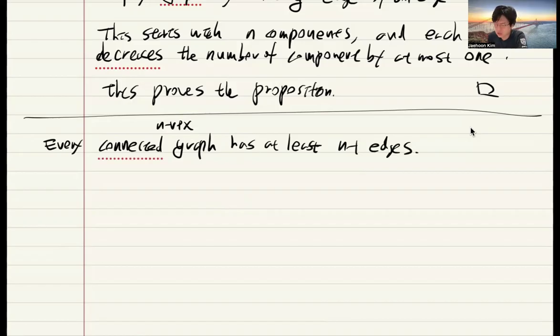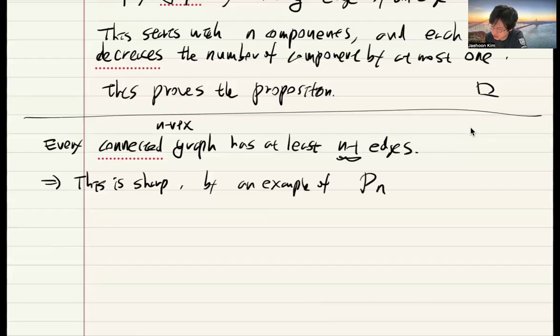And this is sharp, meaning that this is best possible. This n minus one cannot be improved to n, by an example of, say, Pn, the path on n vertices. It has exactly n minus one edges.